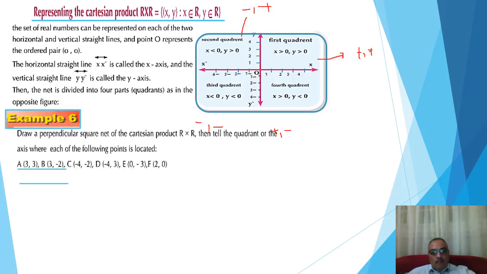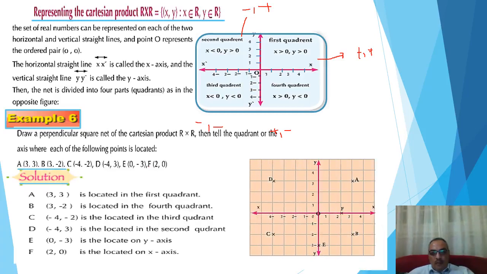For example, draw a perpendicular square net of the Cartesian product R product R, then tell the quadrant or the axis where each of the following points is located. The first point is (3, 3), second (3, -2), and so on.